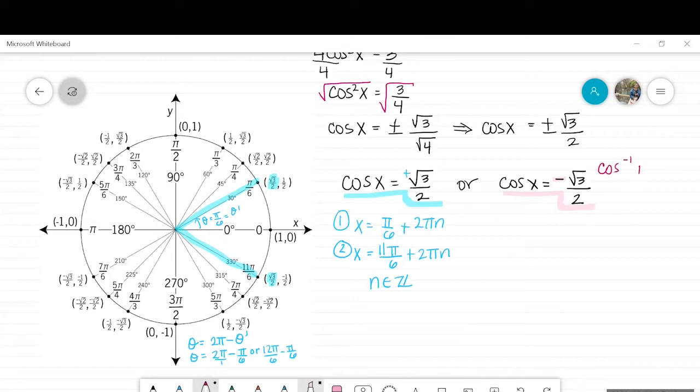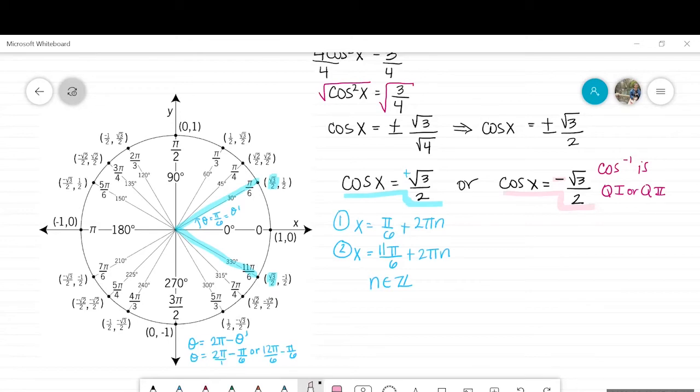Cosine inverse is quadrant 1 or quadrant 2. You remember that cosine is one of the different ones in that case. So in quadrant 1, we're positive. Our negative value won't show up here. It must show up in the second quadrant where cosine is negative.